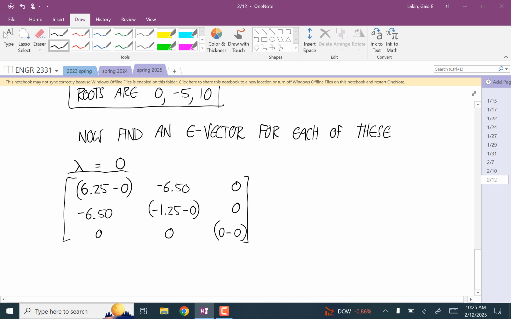And we're going to say that this times our unit vector is equal to zeros, and we're just going to solve for that unit vector.